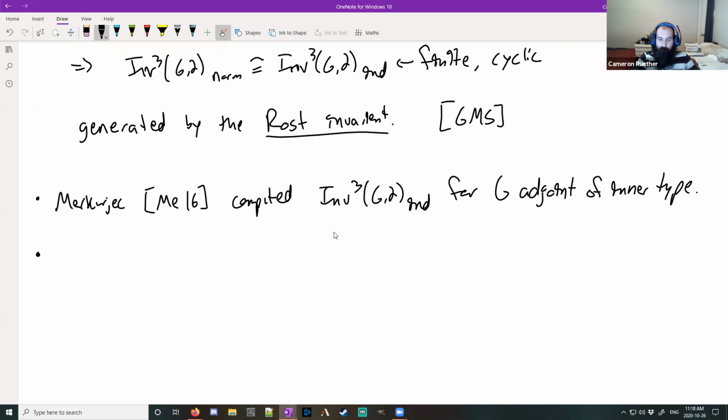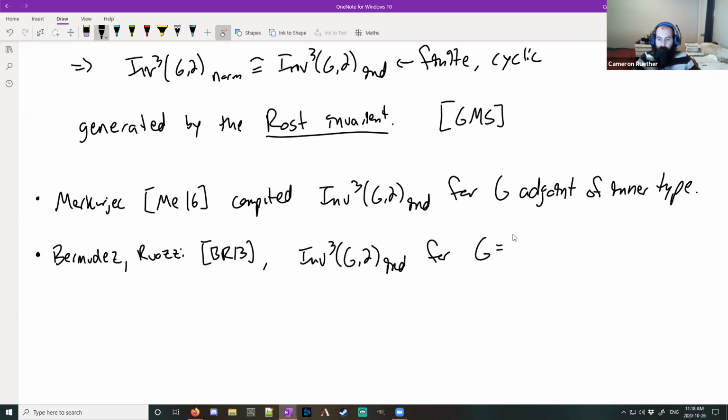And now between the two cases, for groups which are not simply connected and not adjoint, there was a paper by Bermudez and Ruozzi in 2013. It was published in 2013, but it used results from Merkurjev's paper in 2016 from a preprint, so there was some time travel involved. And they computed the indecomposable invariants for groups.